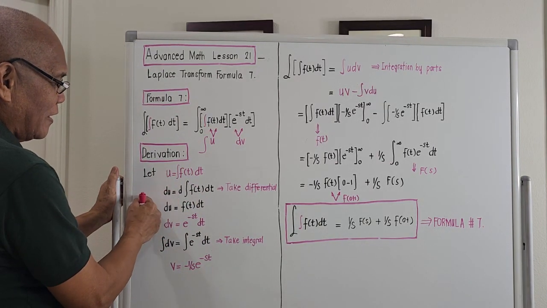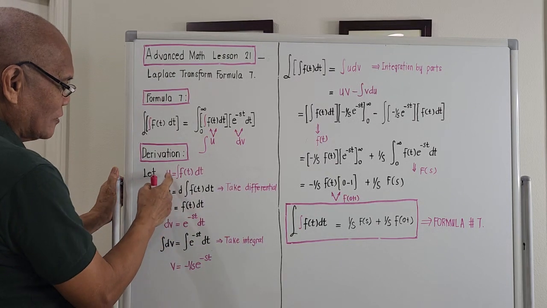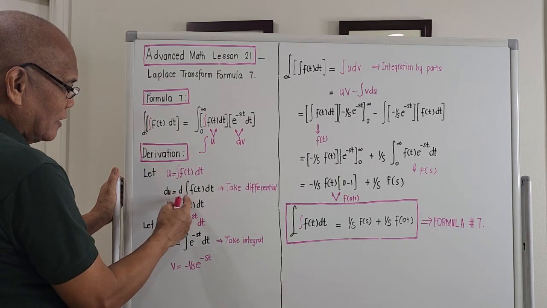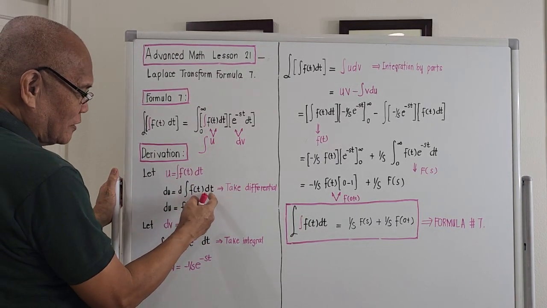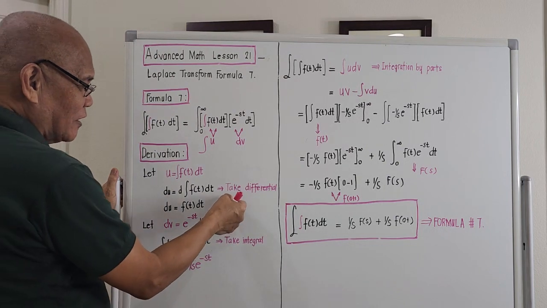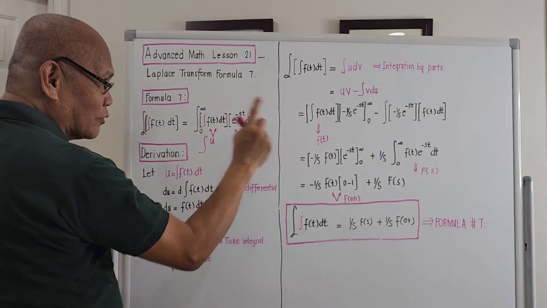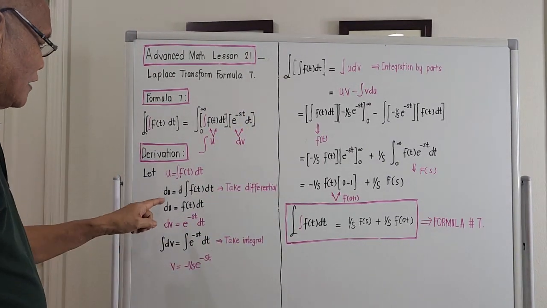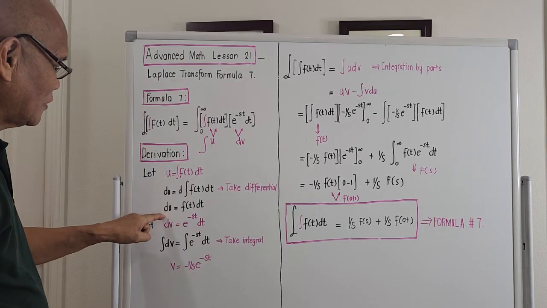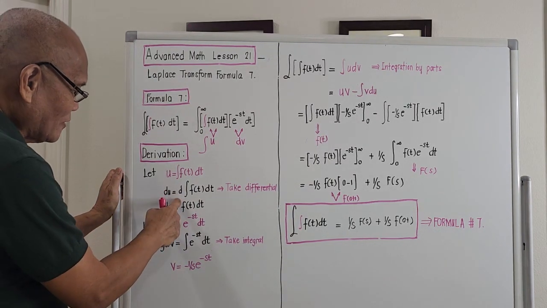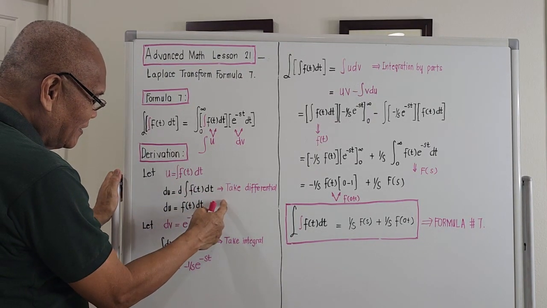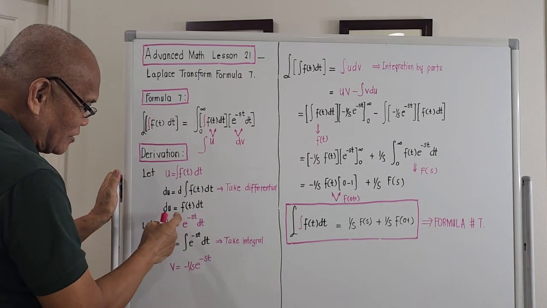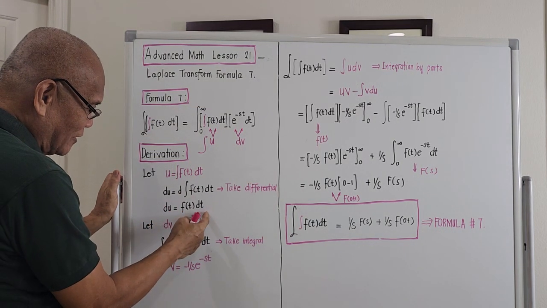What you do on the left, do on the right. The differential of u will be du, and the differential of the integral of function of t dt will be simply function of t dt.